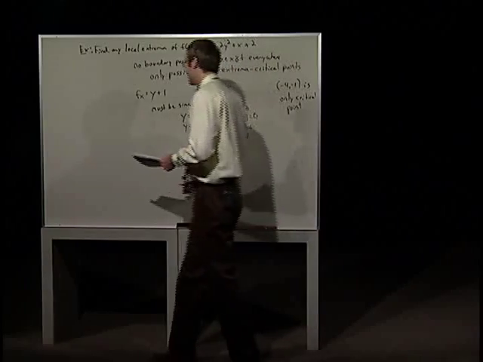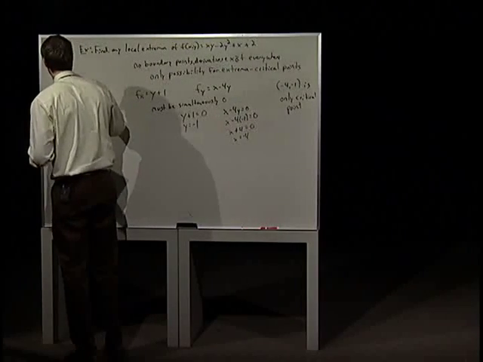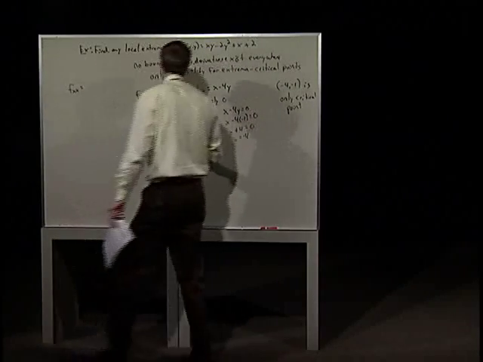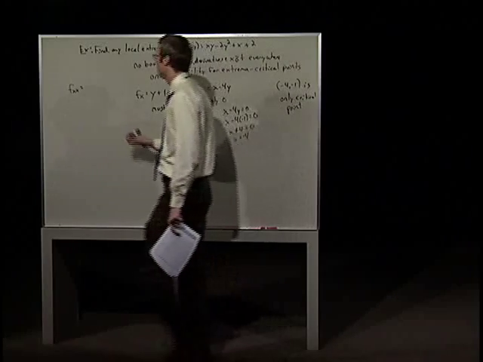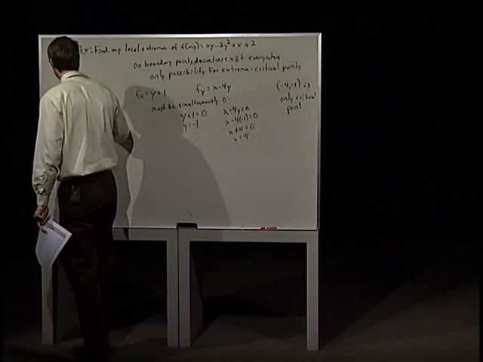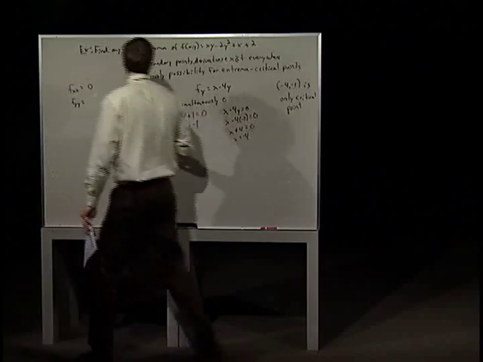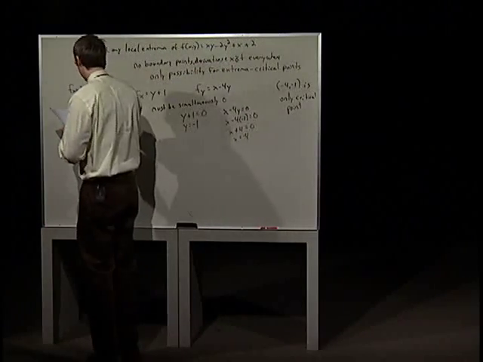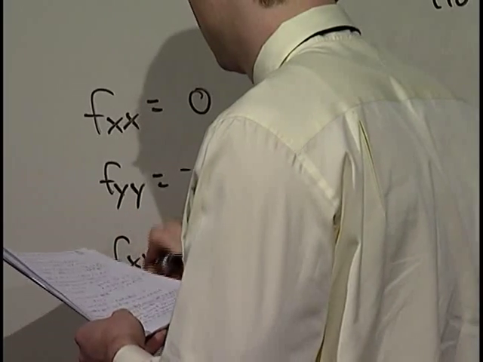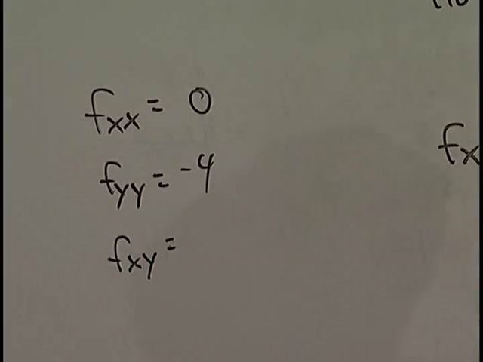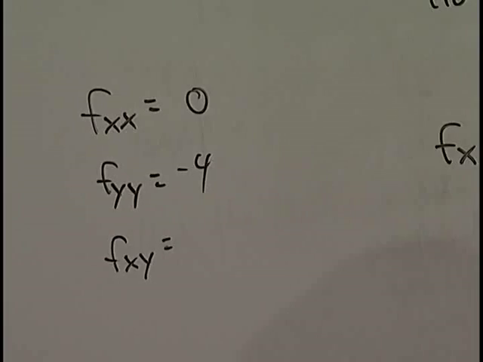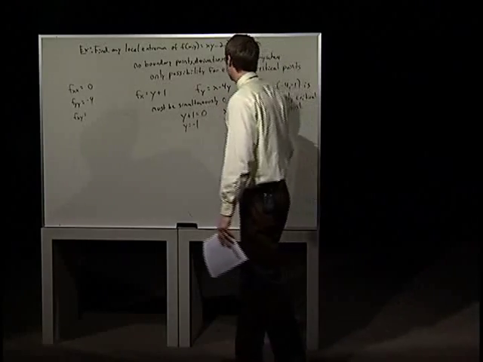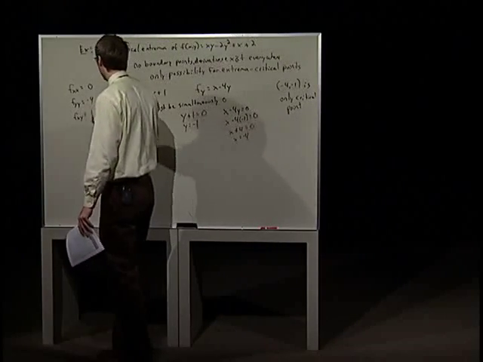All right, well, let's check the Hessian then. f double x is just 0. We don't even really need f double y, but it ends up being minus 4. And then f of xy, that's f of y, f of x of that gives you 1.